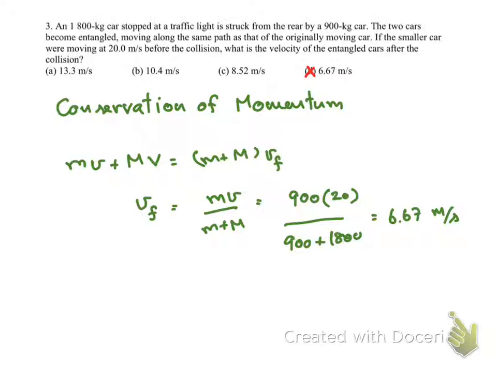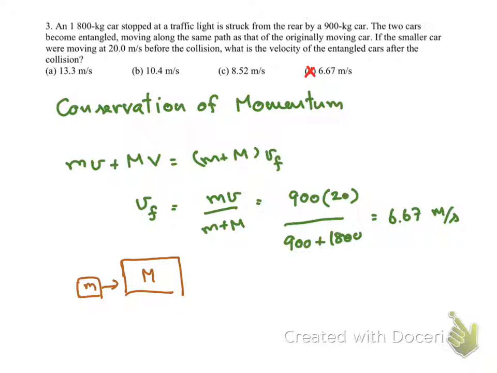We can solve this problem using conservation of momentum. The initial total momentum is equal to the final total momentum. In this case, we have a big car of 1,800 kilogram at rest, hit by a small car of 900 kilogram.